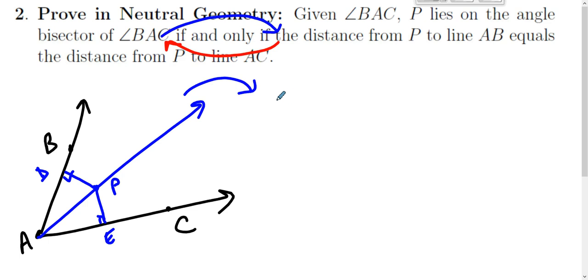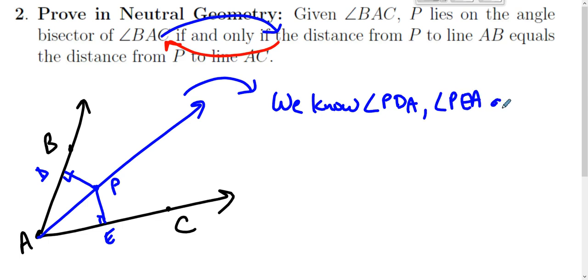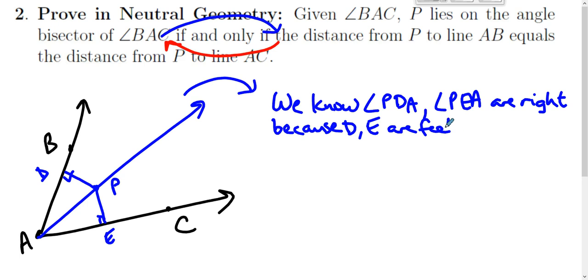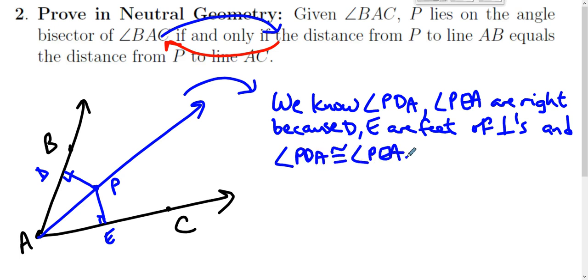So going this way, we know that angle PDA and angle PEA are right because D and E are feet of perpendiculars, and angle PDA is congruent to angle PEA because all right angles are congruent.